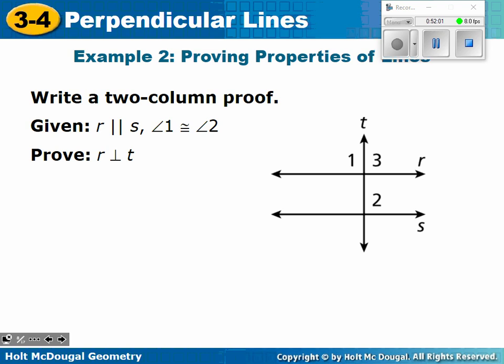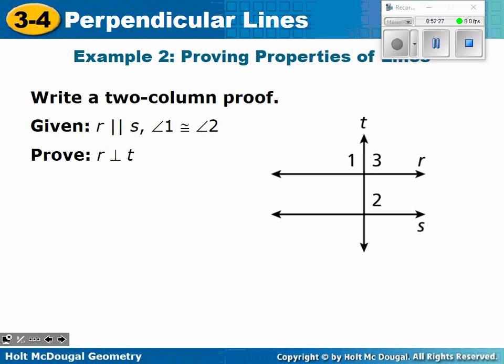So from the picture, we can use the definition of linear pair. Be careful you don't confuse that with the linear pair theorem. Most students do. This just simply says I looked at the picture, they're forming a straight line. The linear pair theorem says because they're a linear pair, then they must be supplementary. Okay.